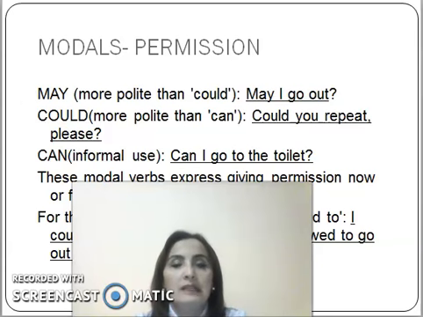"Can" is informal. Can I go to the toilet? Or can I take your dictionary, or can I borrow your bike for a while please, and so on. These modal verbs express giving permission now or for the future. For the past, we have "could" or "be allowed to".